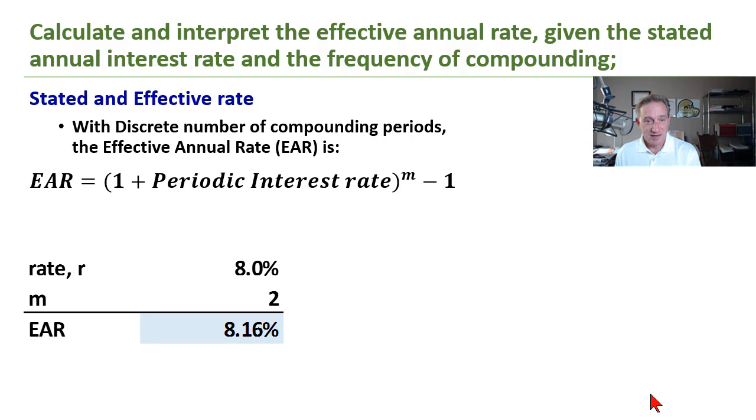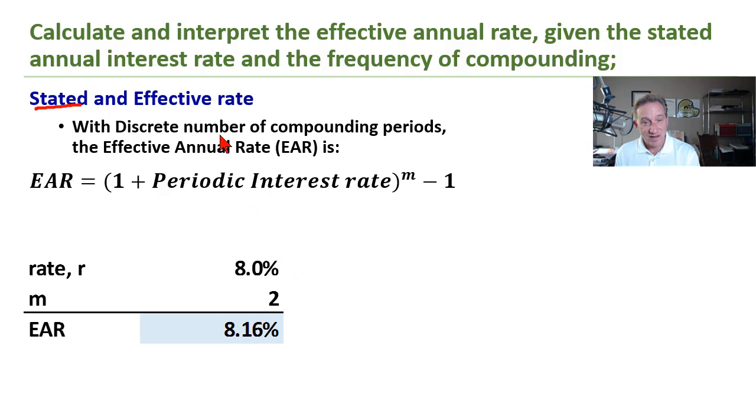Okay, and now it becomes clear why it's very important to distinguish this fact that we have a stated rate here. Here my interest rate is 8%, and that is a stated or nominal rate. The stated or nominal rate is not the effective interest rate that we use because the stated or nominal rate does not include the compound frequency.